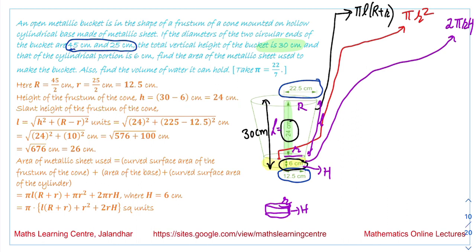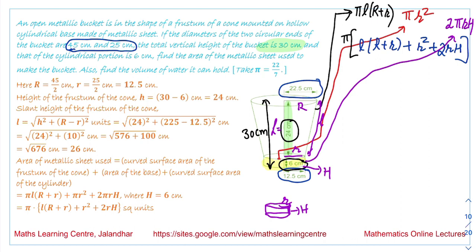When we add all these values, pi is common, and we are left with L into capital R plus small r, plus r square, plus 2 r h.